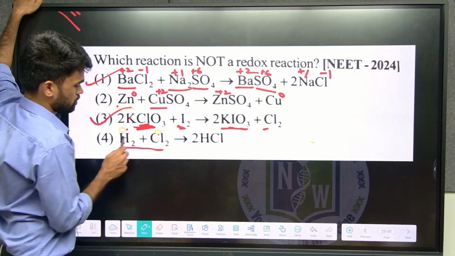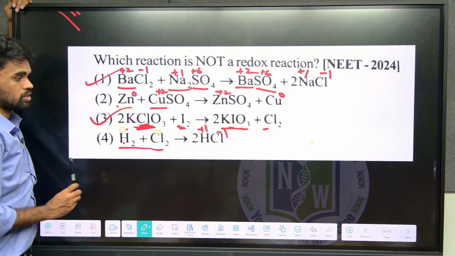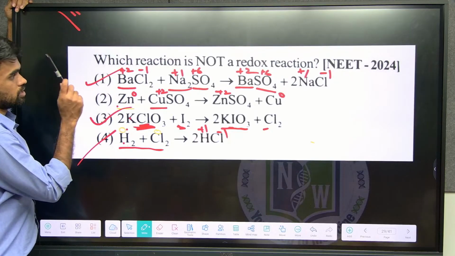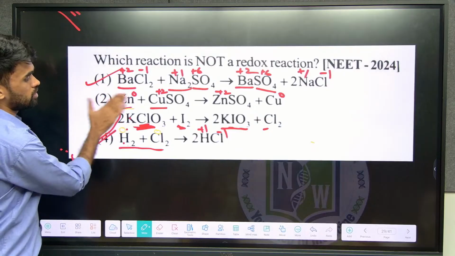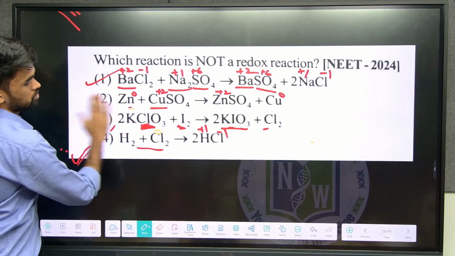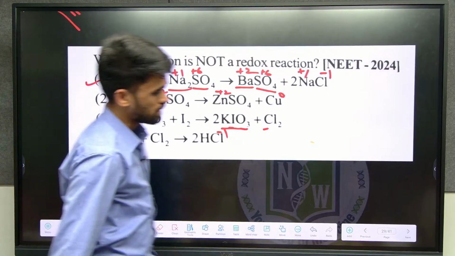Converting from plus 1, so it is also a redox reaction. So 1 is not a redox reaction, but 2, 3, 4 are what? So what is your answer? First option. Okay.